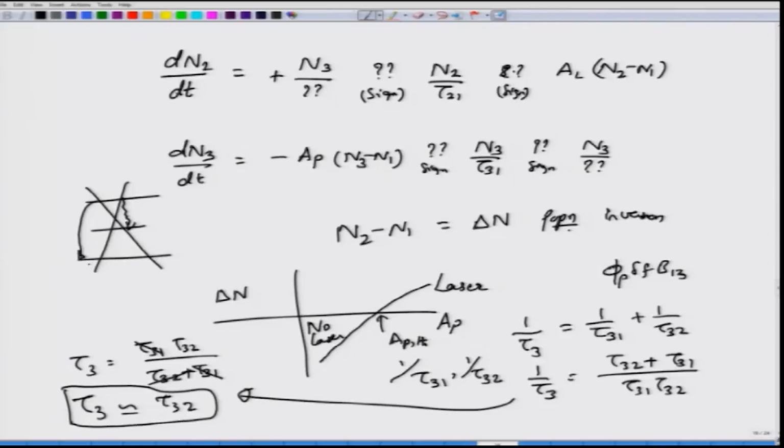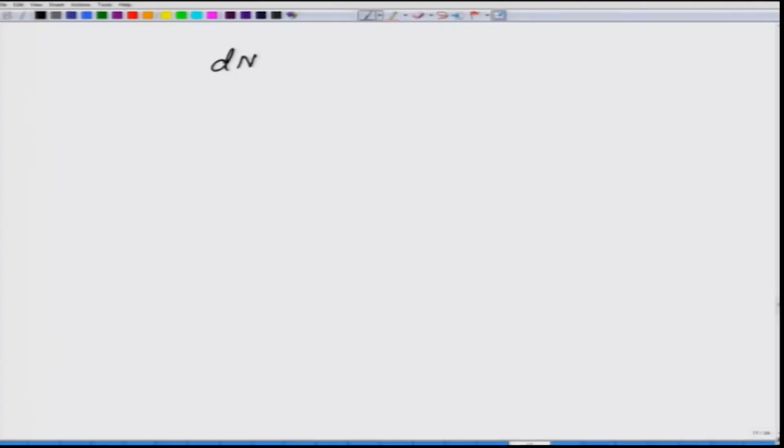Of course, you could generalize this result to a 4 level system. I am not going to do that, but what I want to consider is what happens in the steady state condition, in which all of these terms, dn3 by dt, dn2 by dt, dn1 by dt, are equal to 0.